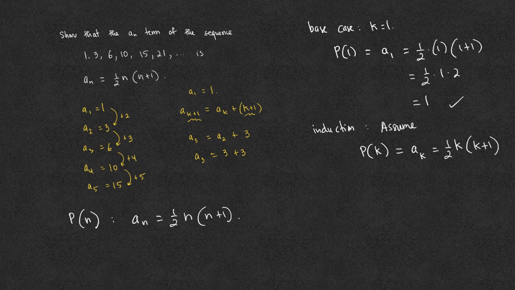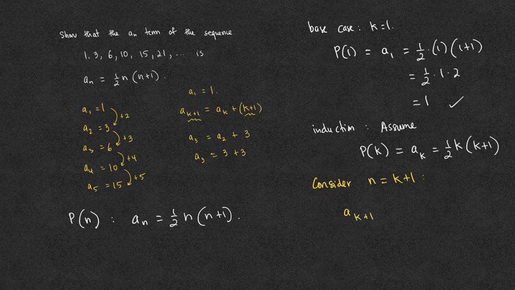So we assume that the statement is true for one particular k. We then show that it is true for k plus 1, and to do that, we consider the case when n equals k plus 1. This is the formula for a sub k plus 1.